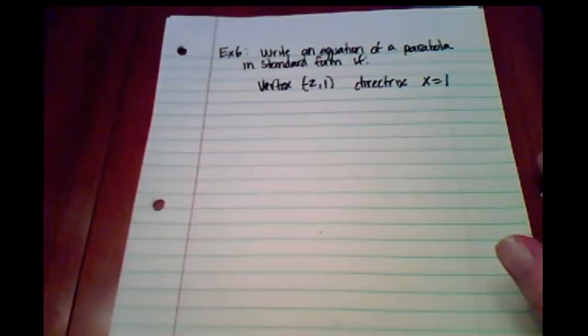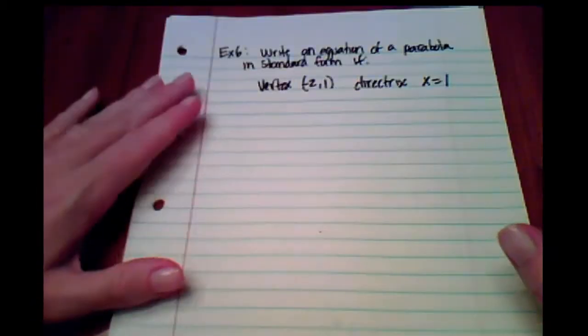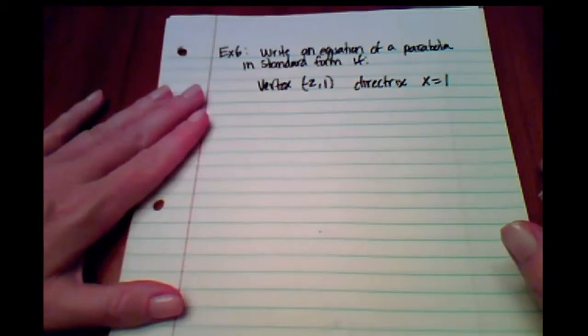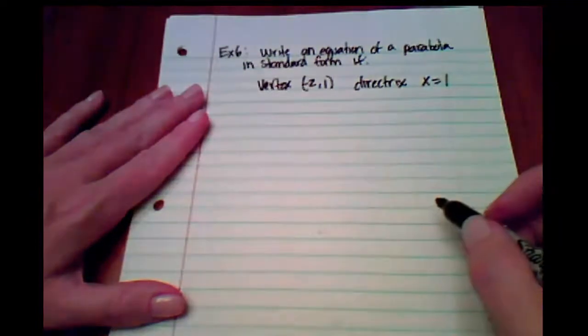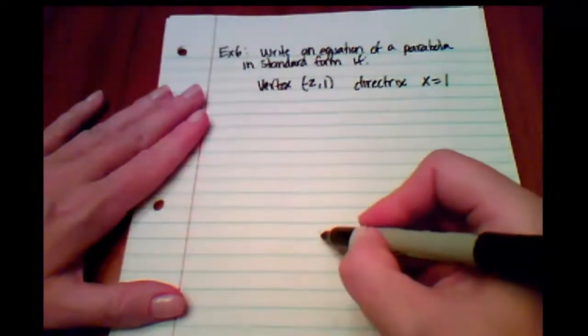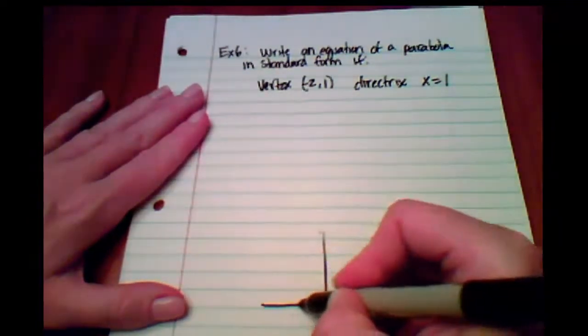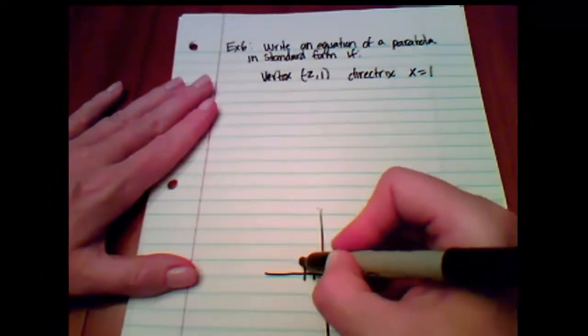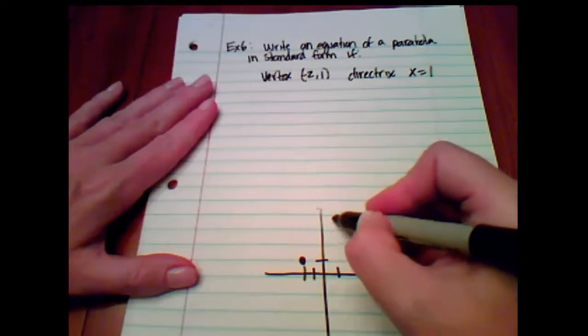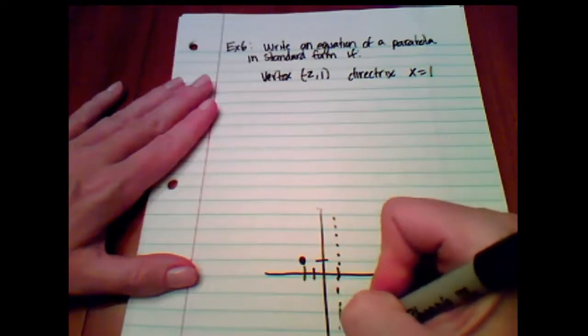And for our last example, on example 6, we're going to write an equation of a parabola in standard form if the vertex is (-2, 1), and the directrix is x equals 1. So let's see what's happening. Let's draw my sketch. My vertex is at (-2, 1). My directrix is at x equals 1.